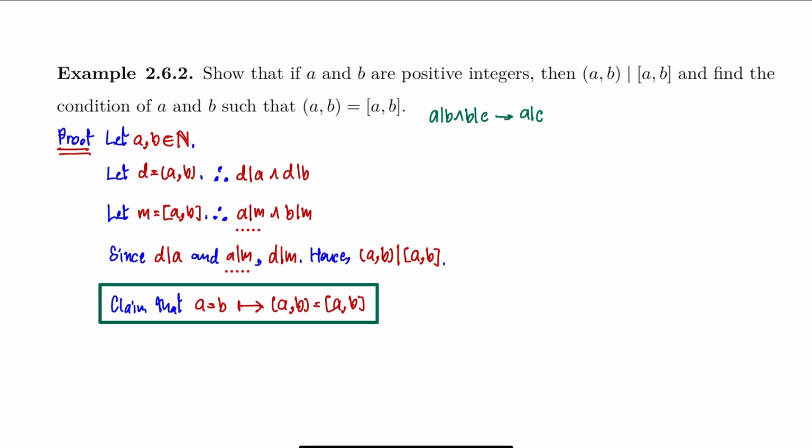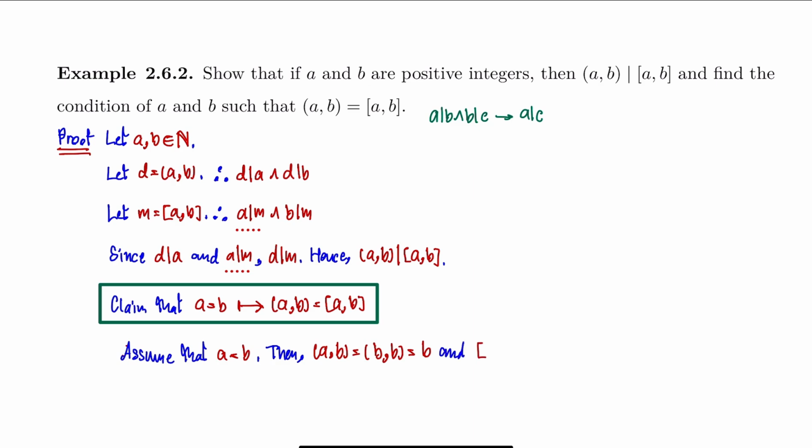So what happens here? We assume that A is B. Then what is the greatest common divisor of A and B? A is B, so we have the greatest common divisor of B and B, which is B itself.